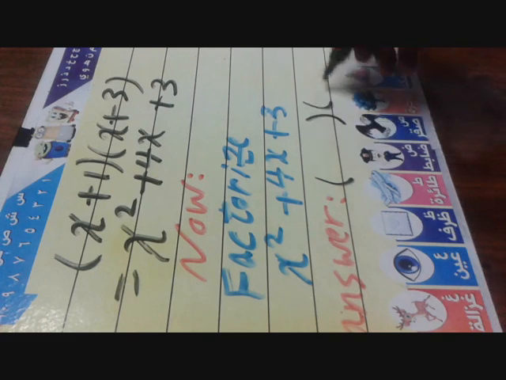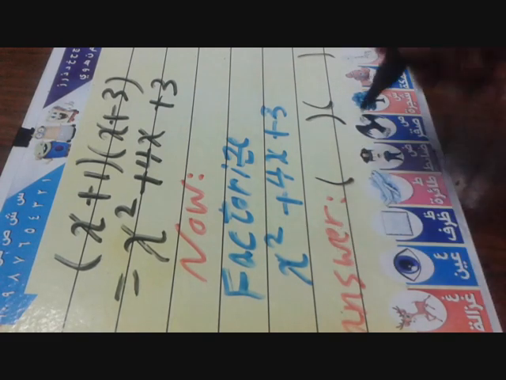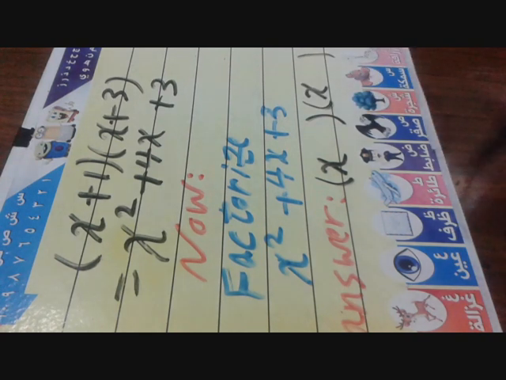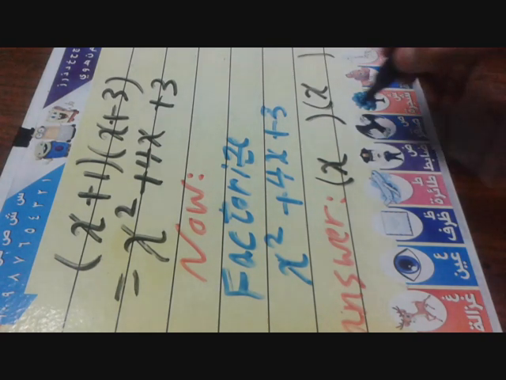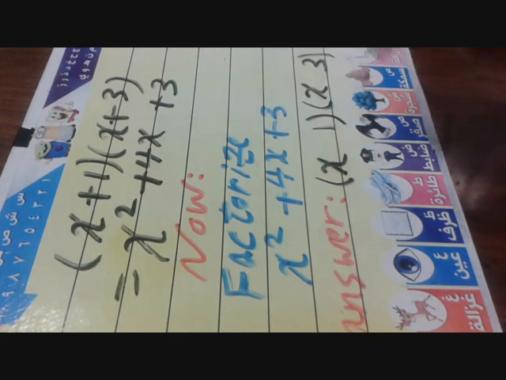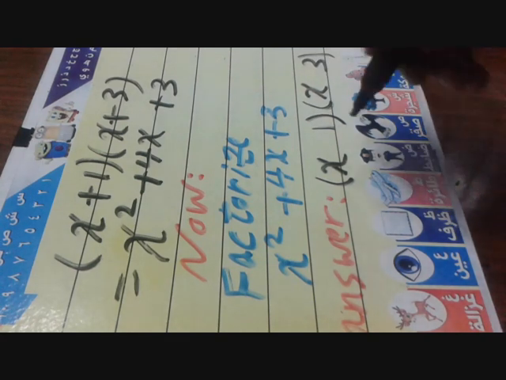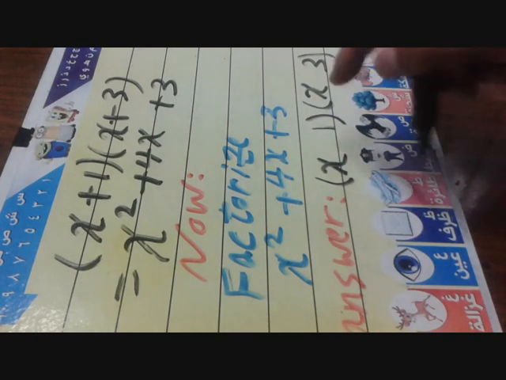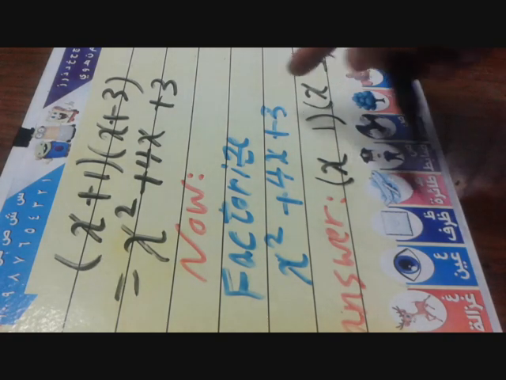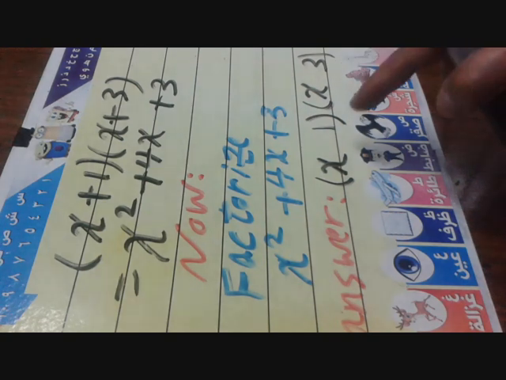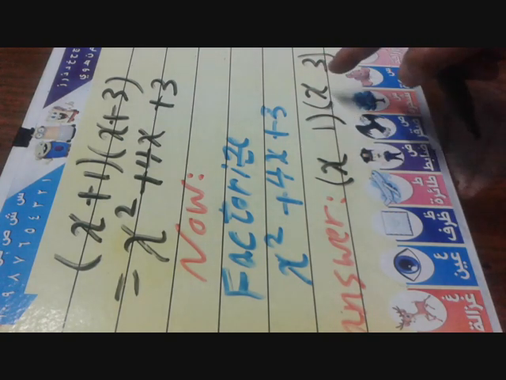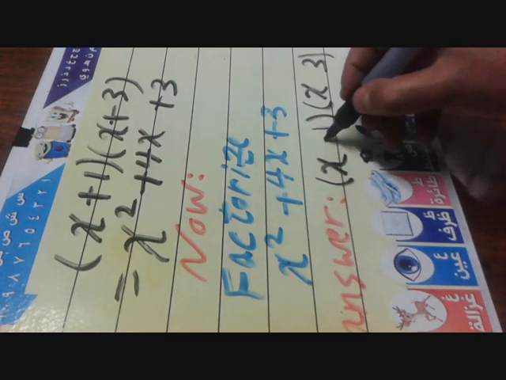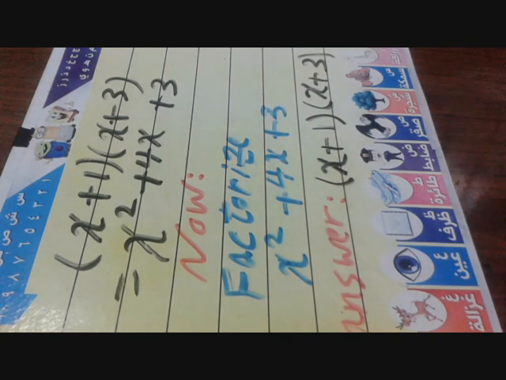Put brackets, x square is x times x, 3 equals 1 times 3. This positive and this positive. The last term is positive, so the signs here and here are similar to the sign of the middle term, positive, positive.